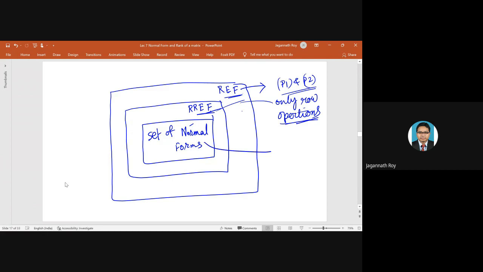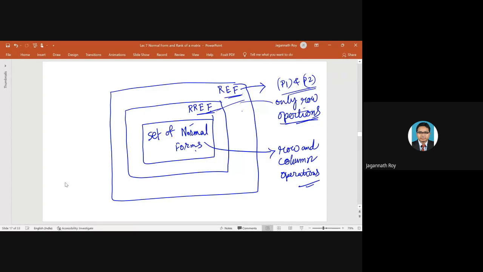But for the normal form, we do row and column operations. So both operations are performed for finding the normal forms. So these are more specialized matrices for a given matrix.